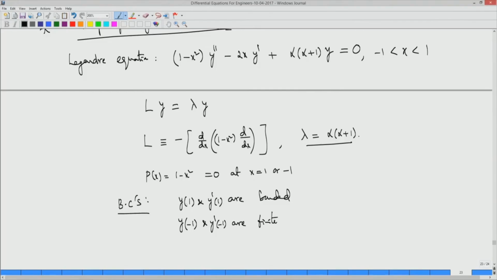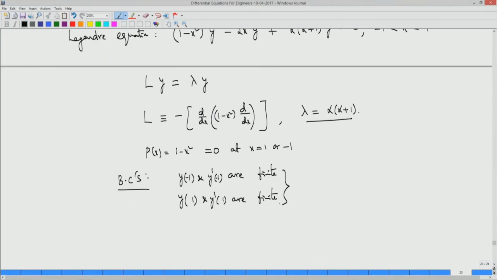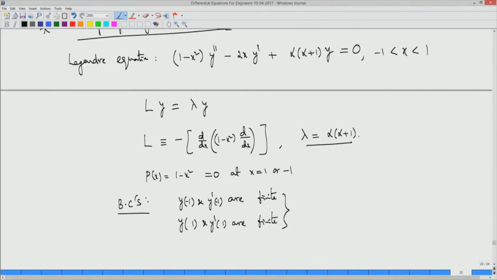So, actually minus 1 is the smaller one, so A is minus 1 and B is simply 1. These are the boundary conditions, bounded or finite. You already studied when you have bounded solutions: the solutions P_n(x) are the bounded solutions for the Legendre equation.